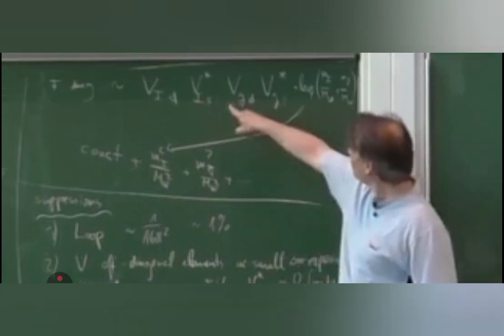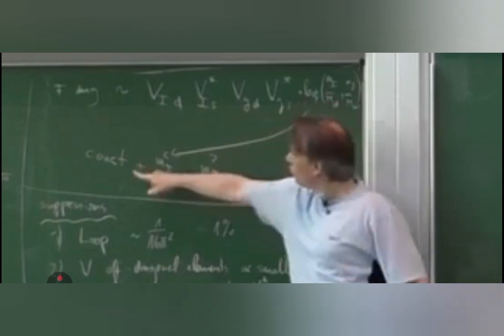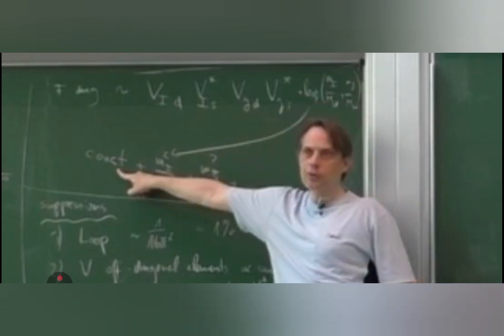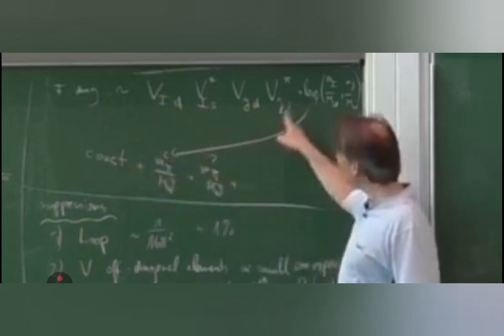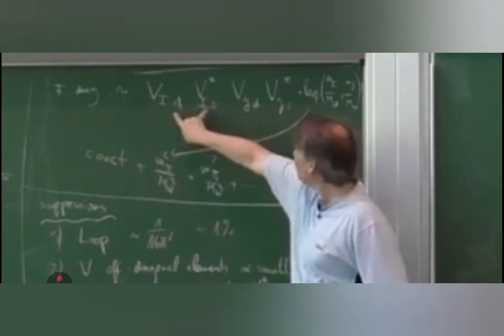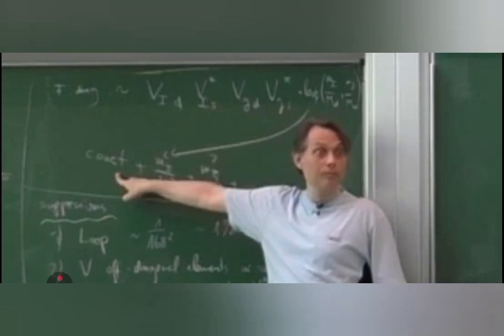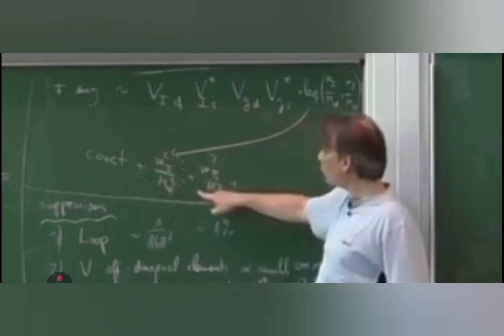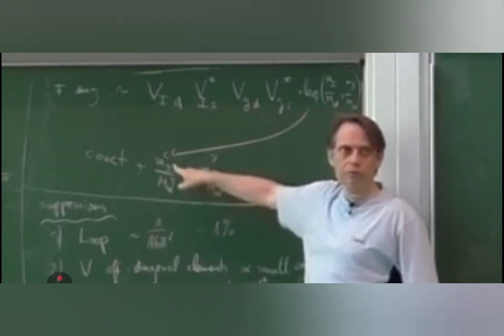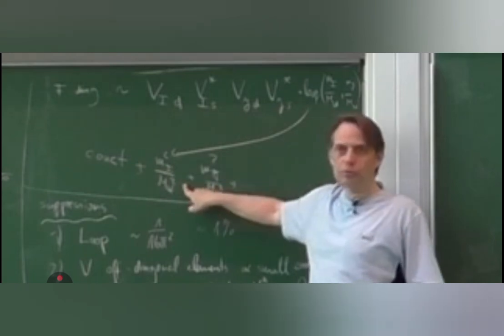Where does this sum appear? Here the sum appears, but times the loop function, but the loop function contains a constant term which doesn't depend on the masses. Therefore, the constant doesn't depend on the indices. So if you do this, then the constant term out of the loop function drops out. And then the only thing that remains are the higher order terms, and the higher order terms involve extremely small mass ratios of small quark masses divided by the heavy W mass.